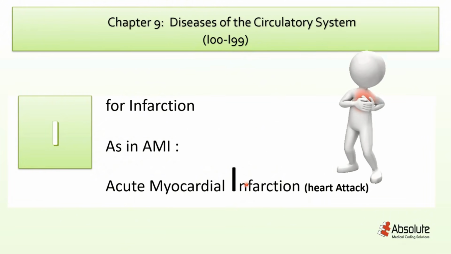And if you want to know what infarction is, it's another term, or the clinical term, for tissue death. When you have a heart attack, often when the artery becomes blocked, it results in death of a tissue. That is what an infarction is. If you have a stroke, you have an infarction. The brain tissue results in death as well.